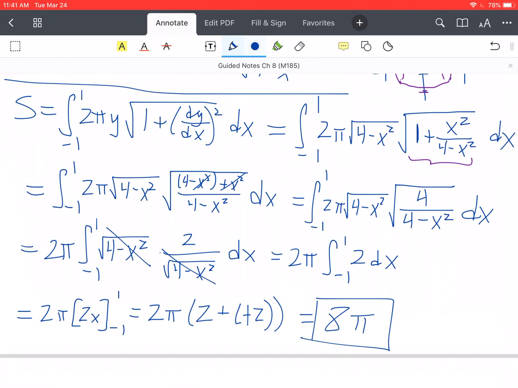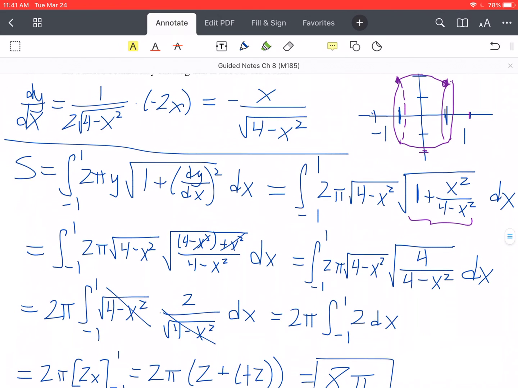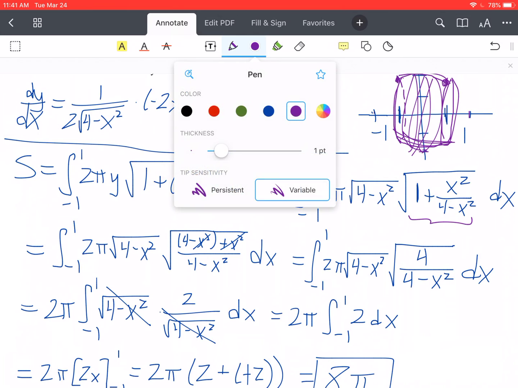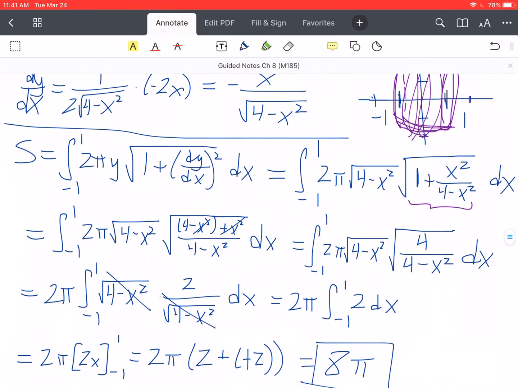And 8 pi would be the surface area of this solid over here that we were just looking at a little bit ago. So this one right here that we're rotating. Okay, so we get a whole bunch of circles, right, added up as we go all the way down here. That's going to give us our surface area of 8 pi.